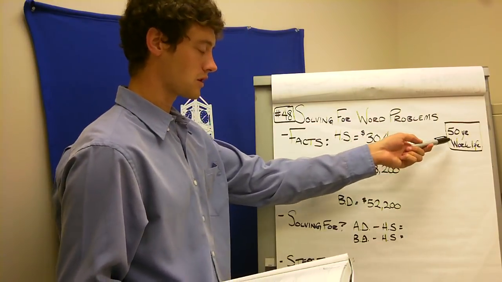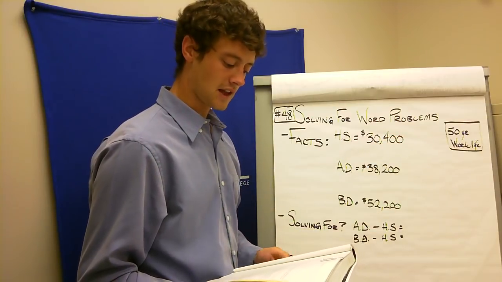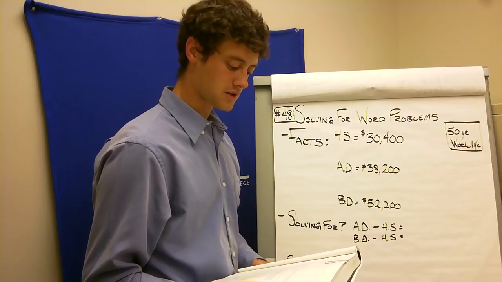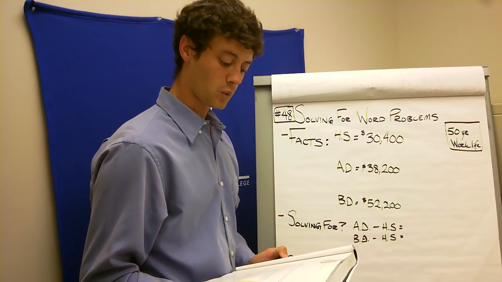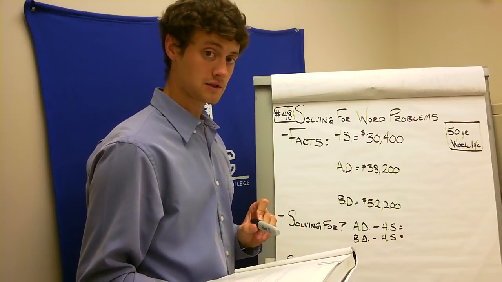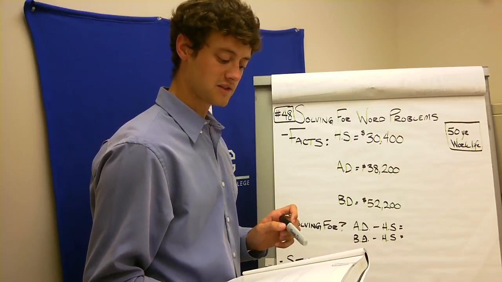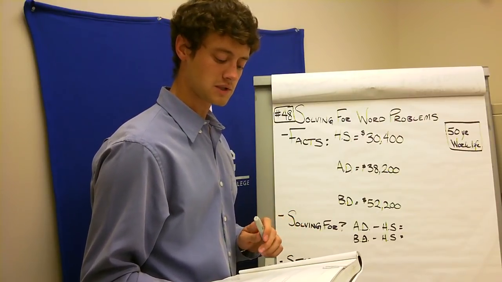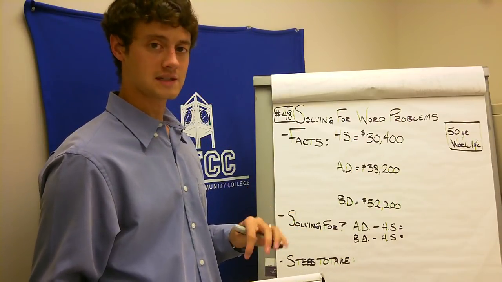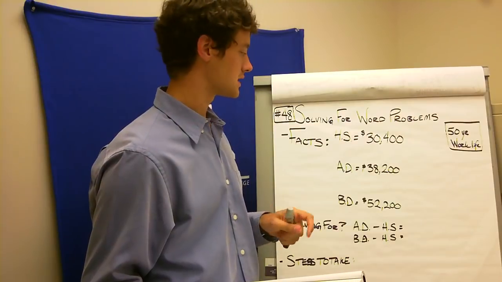Assuming a 50-year work life, calculate the lifetime earnings of a high school graduate, associate graduate, and bachelor degree graduate. What's the lifetime income difference between a high school graduate and an associate's degree? And what's the difference between a high school graduate and a bachelor degree? So we have quite a few different things, but let's walk through our 4 steps.